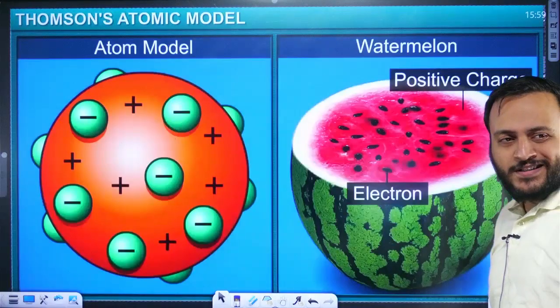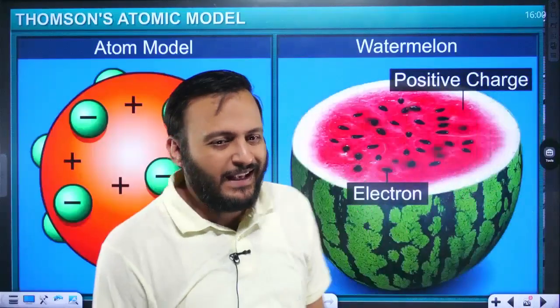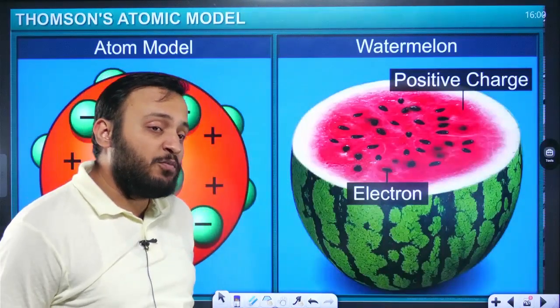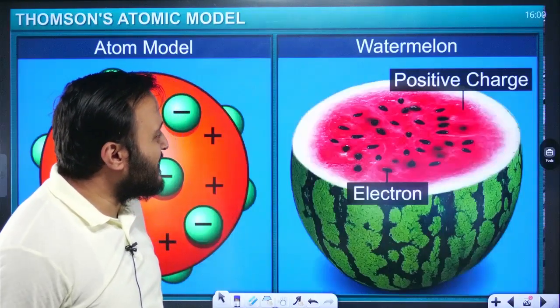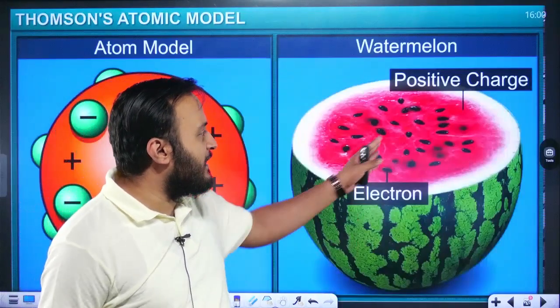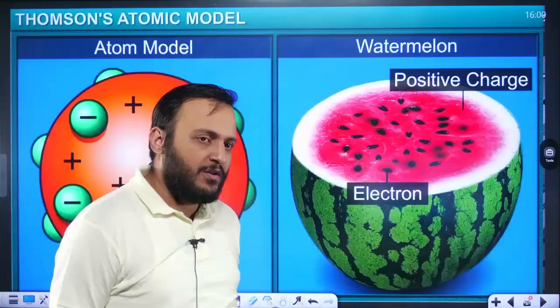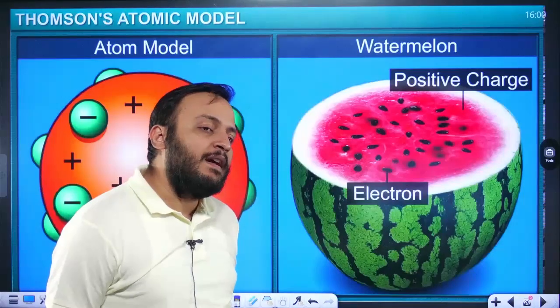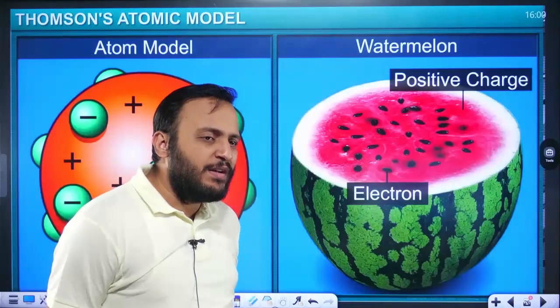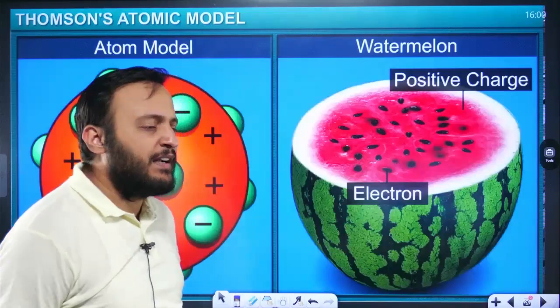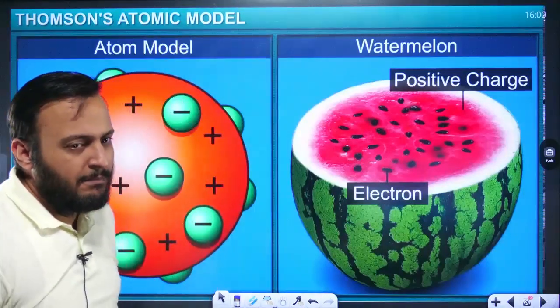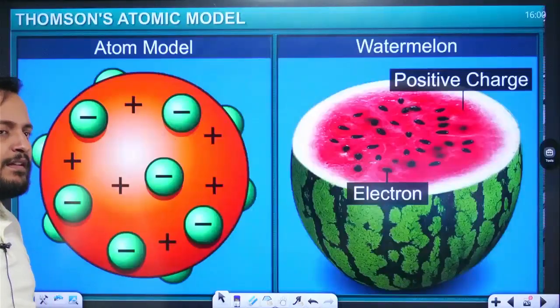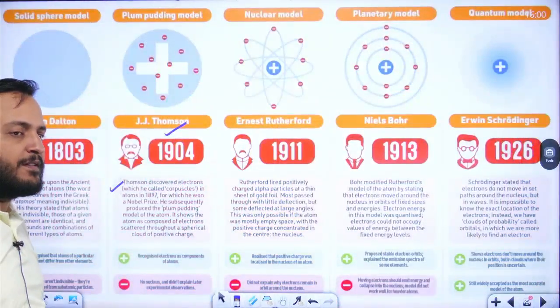Okay. So this is your plum pudding model. It is, in fact, much better represented by a watermelon. You can see this red part is actually the positive charge, which is spread throughout. And then we have the spread electrons as well. So that gives you the plum pudding model of Thomson.